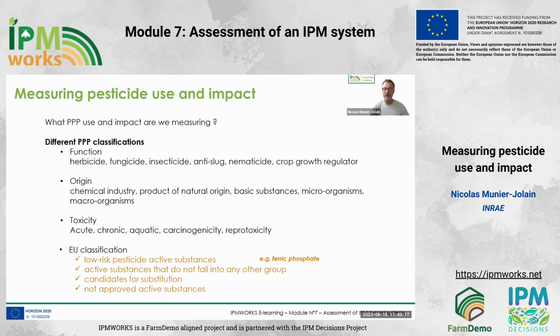We have basic substances, which might be used for other purposes, but that are eventually used for the control of pests, diseases or weeds. We have, of course, microorganisms and macroorganisms in pesticides.